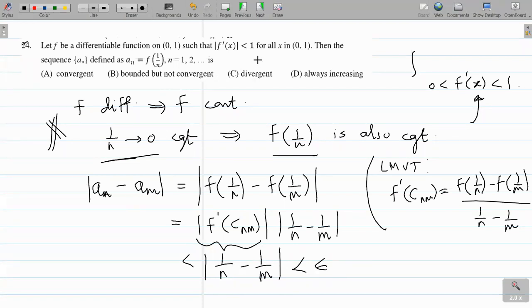So this a_n becomes a Cauchy sequence, right? The codomain is R, the domain is open 0 1, but a_n is a sequence in R, and R is complete, meaning every Cauchy sequence converges in R. So my sequence a_n will converge.